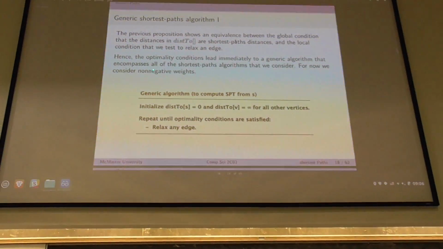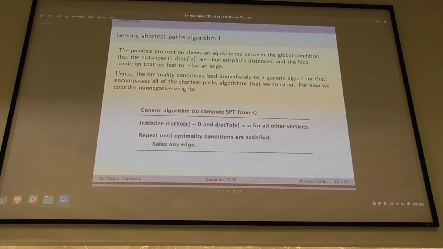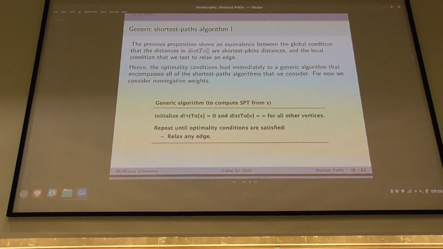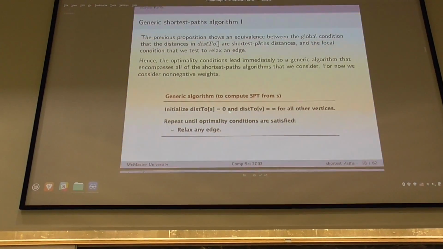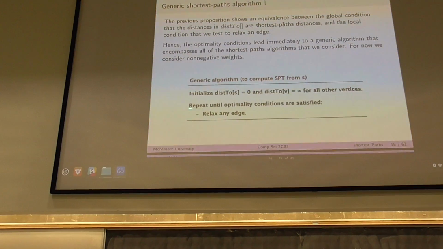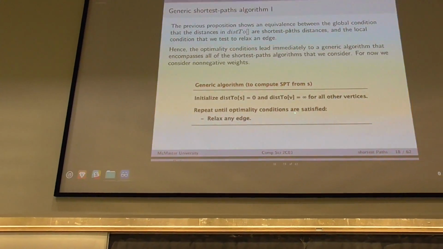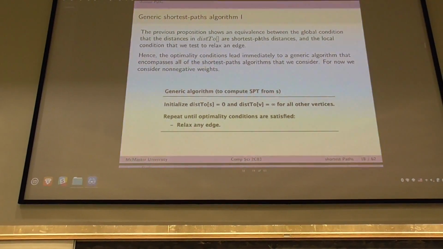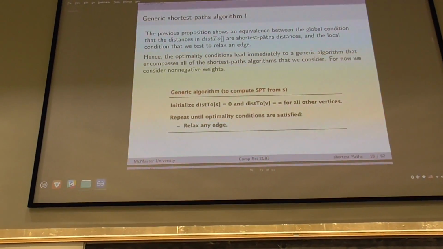For now, we consider non-negative weights. So, our generic algorithm: initialize distTo[s] at 0 and distTo[v] at infinity for all other vertices. Repeat until optimality has been achieved: relax any edge.